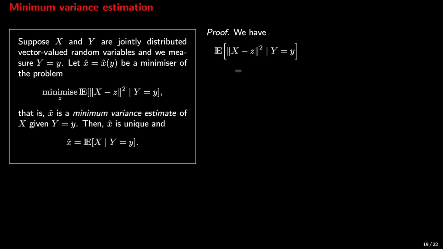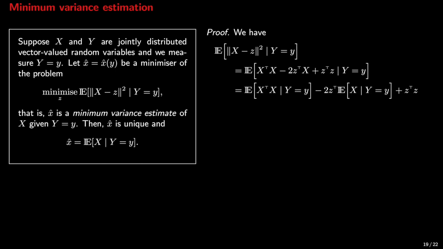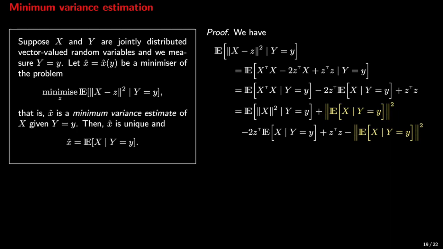First, we expand the squared norm of the difference x minus z. Next, we employ the fact that the conditional expectation is linear. Note here that the first term does not depend on z. And what we will do next is that we will complete the square of this part of the expression. To that end, we shall add and subtract this squared norm of the expectation of x given that y is equal to little y, this yellow term.